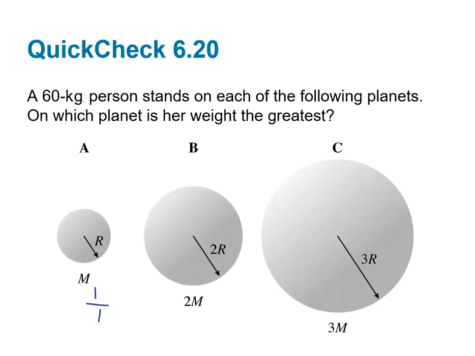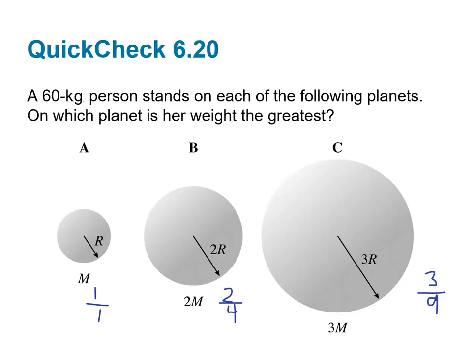Here, if we double both, the mass is going to double, but it's the radius squared, so the gravity is going to go down by a fourth. So the person's weight then is going to be half of what it was on planet A. On planet C then, again, if the mass goes up by 3, but the radius goes up also by 3, 3 squared is 9, so it's going to be 3/9 or 1/3 of what the weight was.